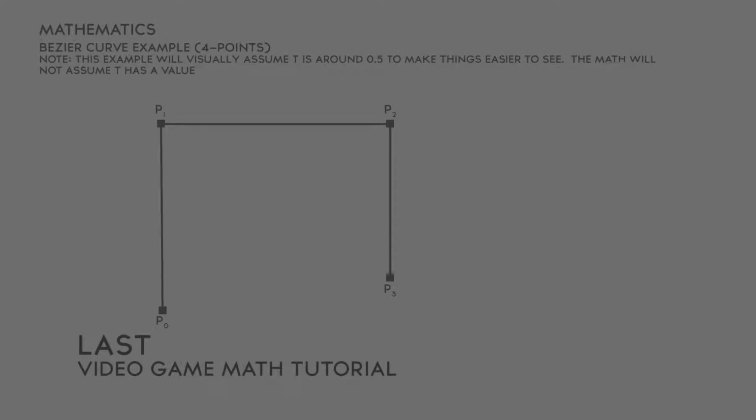Last video game mathematics video, we took an in-depth look at the mathematics behind Bezier curves, and it's essentially a lerp from all points that are in a list, and you repeat that process until you only get 1 point at the end.